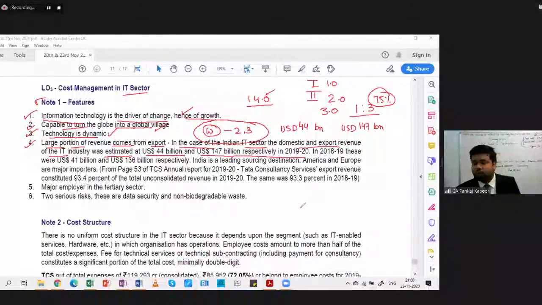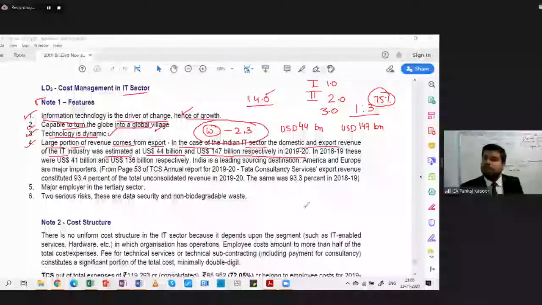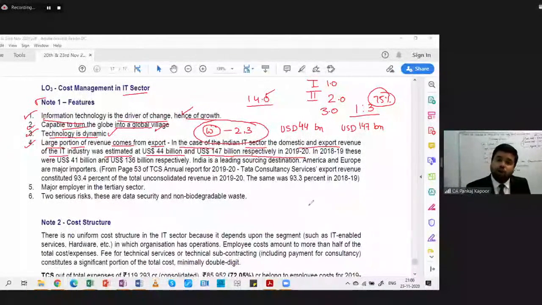If the rest of the world is not doing well, then obviously our IT sector will not perform well. Due to COVID, if the entire world is closed, our IT sector is equally closed. Or if there is a recession in America or Europe, our IT sector will lose major business, because in this 147, the major components are America and Europe.